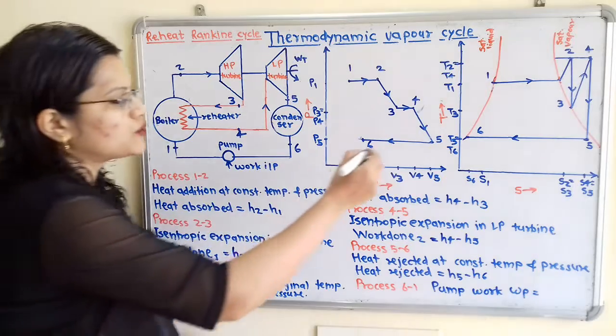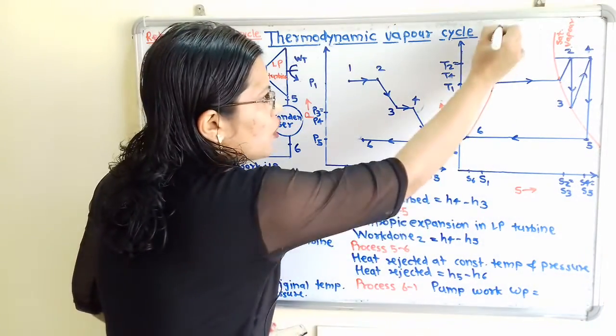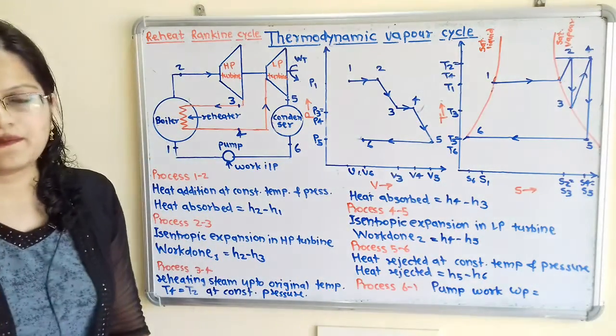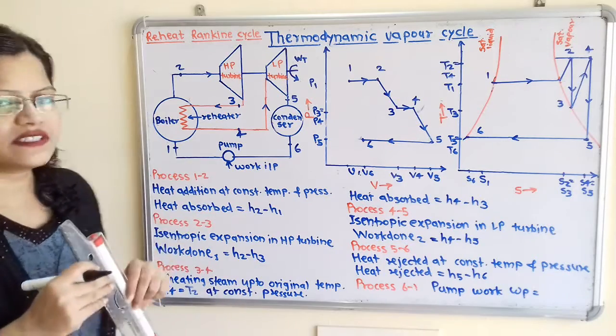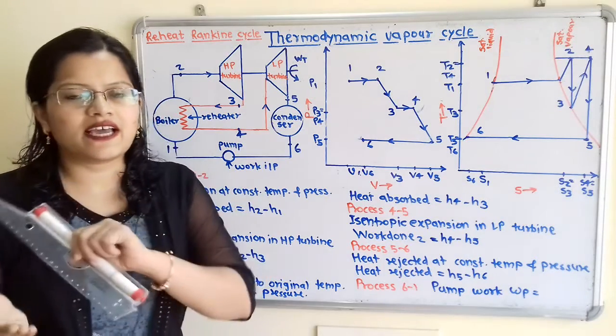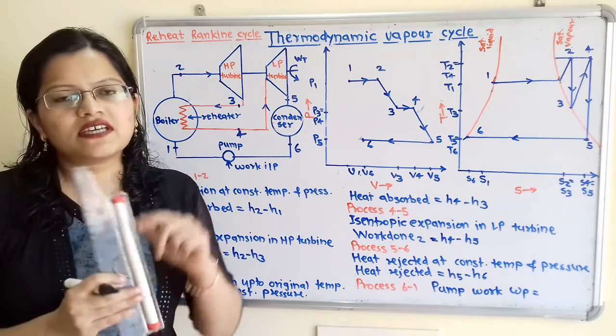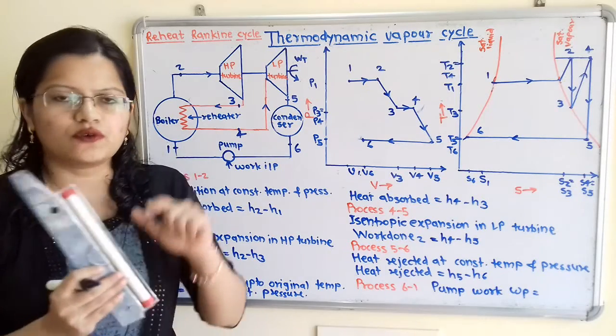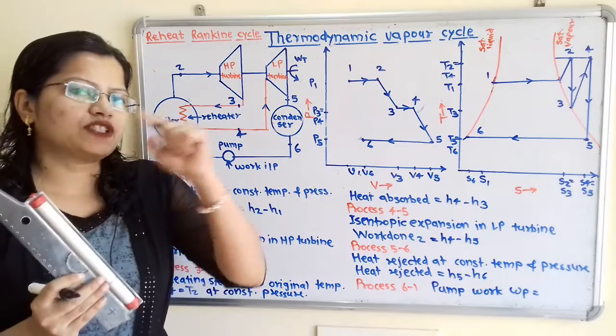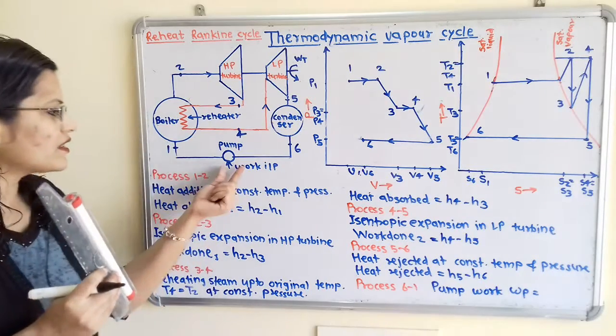So we have to show point 6 to 1 along the saturated liquid line, and work input is there, so it is the same case as when heat is supplied or absorbed. So what is the effect of heat absorption? So due to heat absorption, temperature is getting increased because some work is given.